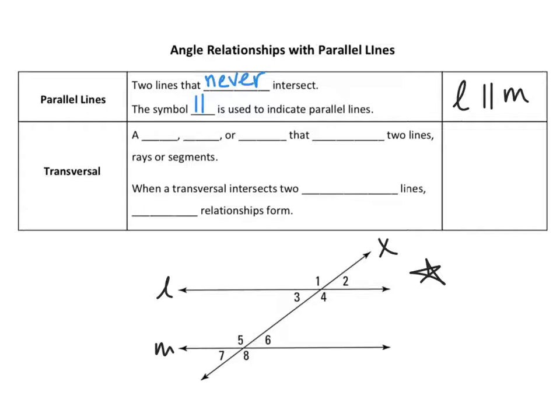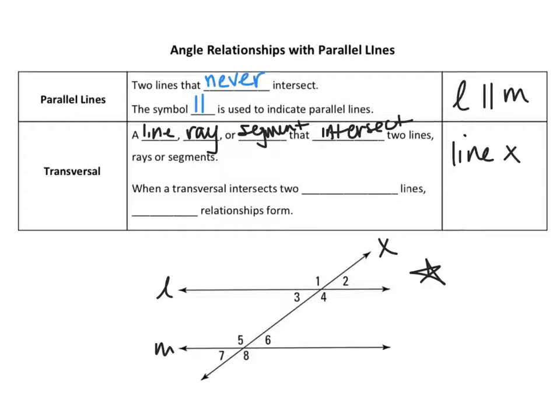So our transversal in this case would be line X. A transversal is a line, a ray, and these should all be review, or segment, so a line segment, that intersects or crosses two lines, rays, or segments.